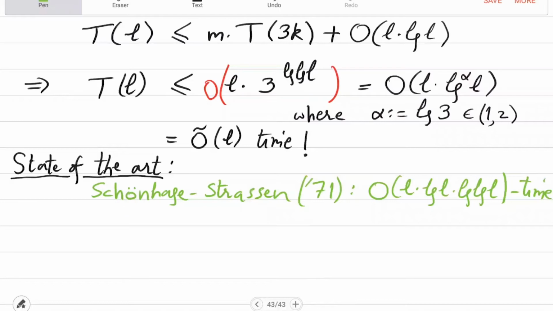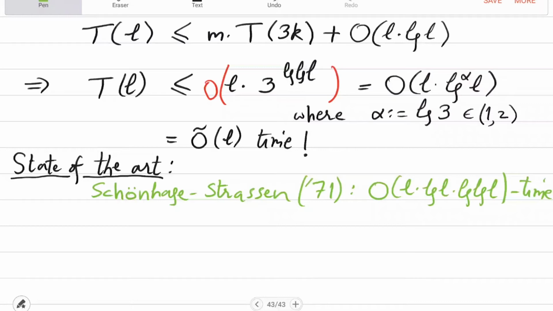There is a famous result by Karatsuba, which gives you something like L raised to an exponent between 1 and 2, log 3. Yeah, L raised to log 3. So that result is there, but that is not really linear in L, in the O tilde sense. So this is the first O tilde L algorithm. It's far more advanced than Karatsuba's algorithm.